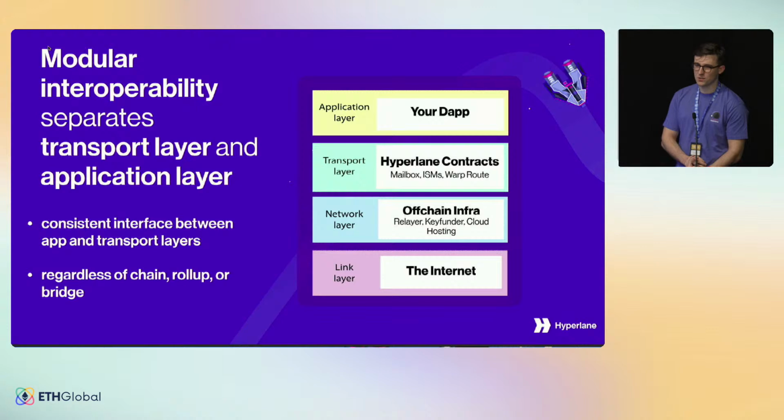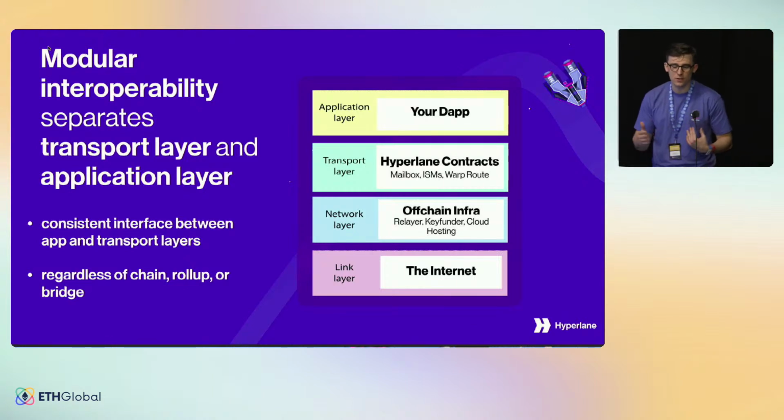There's a key funder that makes sure the relayer has funds so it can keep sending messages cross-chain, and a bunch of other stuff. And obviously, at the lowest level, we're kind of just abstracting away the internet. So we're really trying to provide a consistent interface. You integrate with Hyperlane once, and then your protocol is future-proof to any sort of bridging models that become available.